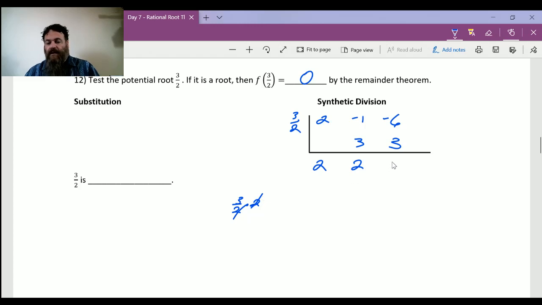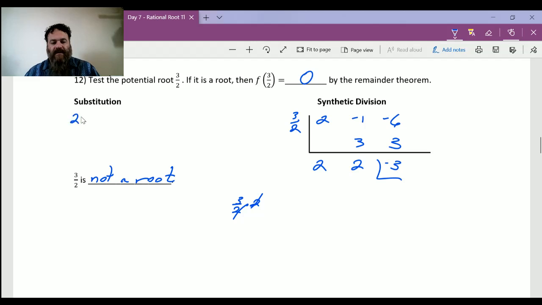So we end up with negative 3. This is totally not a 0. So 3 halves is not a root. If you wanted to do it by substitution, you could.